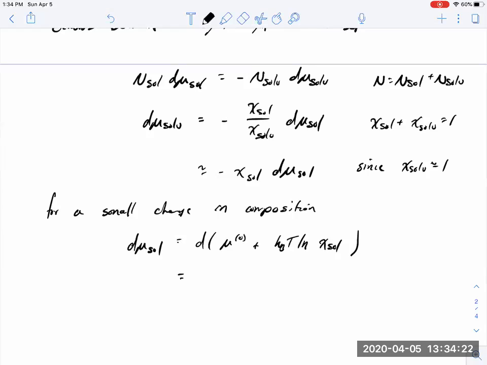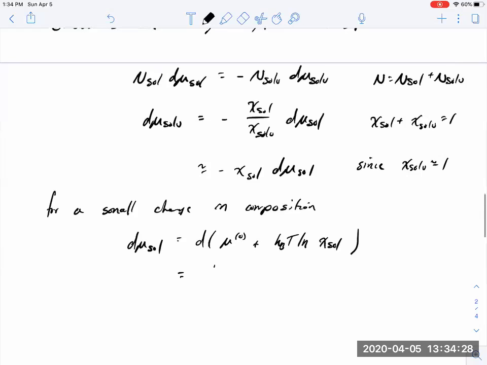If the only thing that changes is the composition, thus that mole fraction, the change in the chemical potential of the solute is just kBT over the mole fraction of solute times that differential change in the mole fraction.